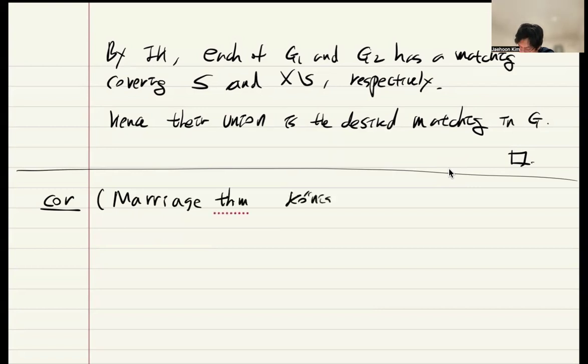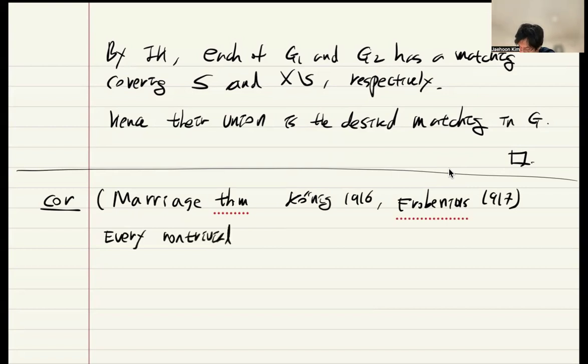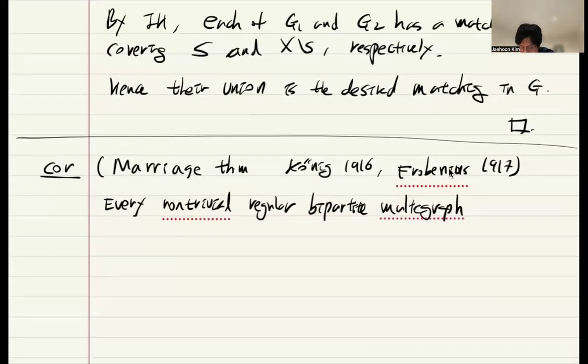This is Koenig's theorem, which says that every non-trivial regular bipartite multigraph has a perfect matching.